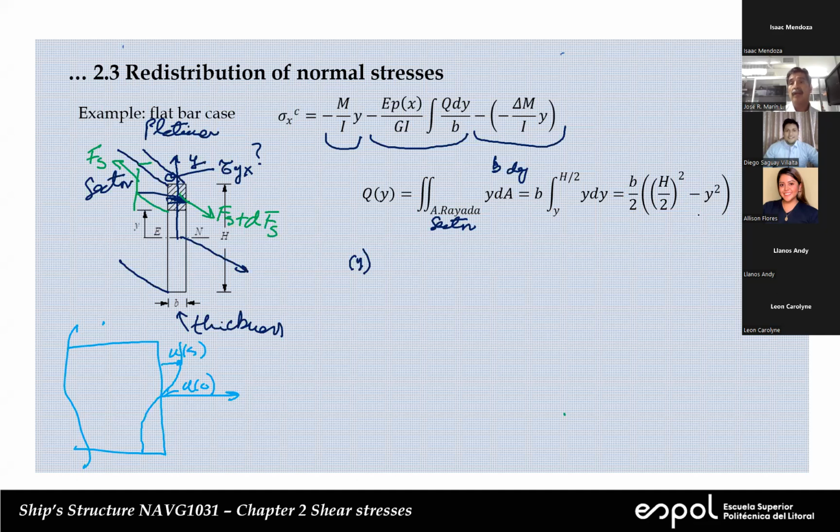This Y is measured from the neutral axis. Let me insist on this because there were some problems in the previous quiz. This Y is measured from the neutral axis.